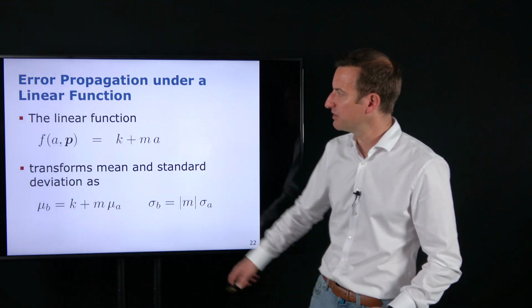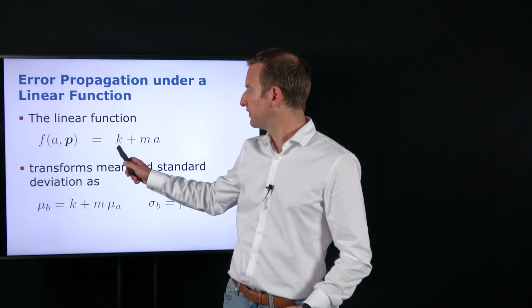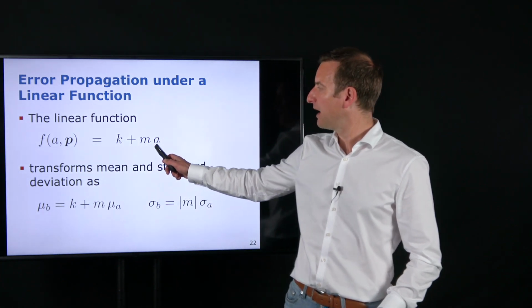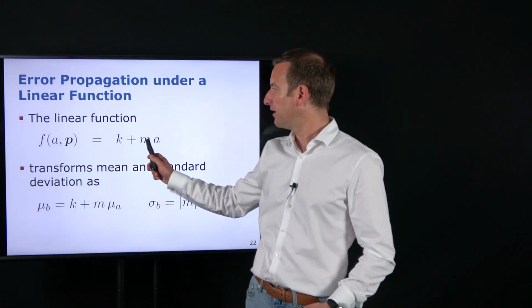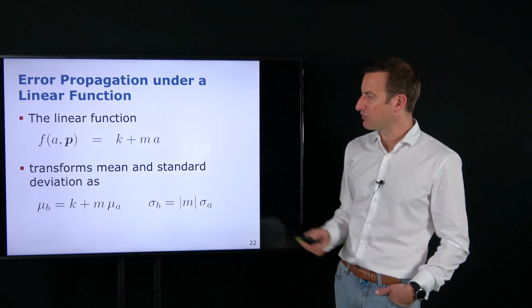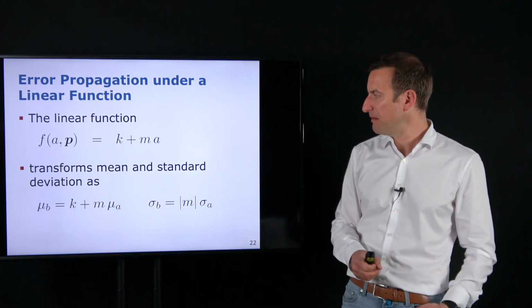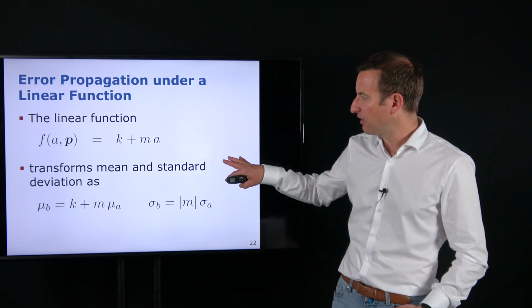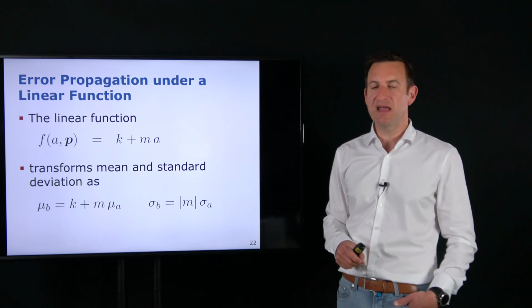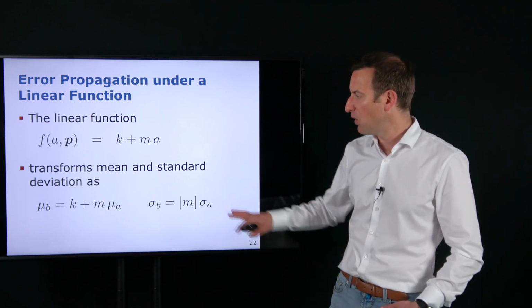So I have this linear function f of a and p is k plus m times a, where p consists of a vector of k and m, and it transforms the image so that we have a transformed mean and a transformed standard deviation, which looks like this.